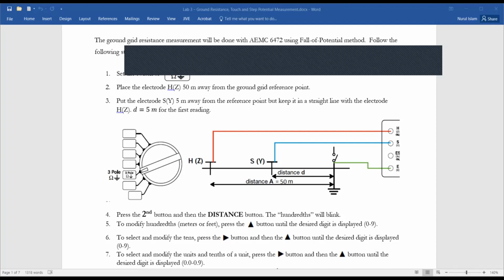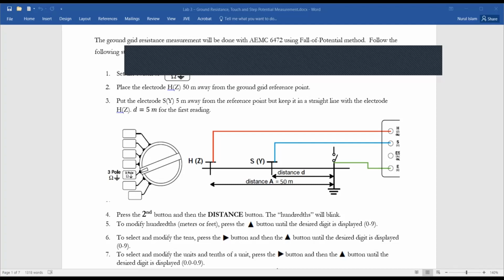Okay, so that's where we'll connect this one, and the other auxiliary electrode, which we will move from this reference point toward the direction of the auxiliary electrode through which we will be injecting the current. Okay, and this auxiliary electrode will be connected to this S terminal.